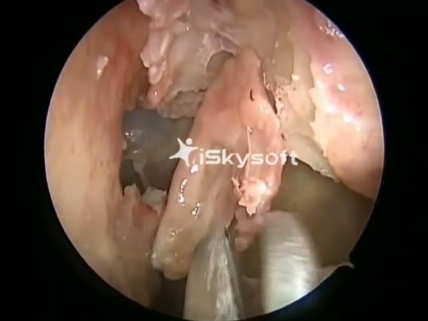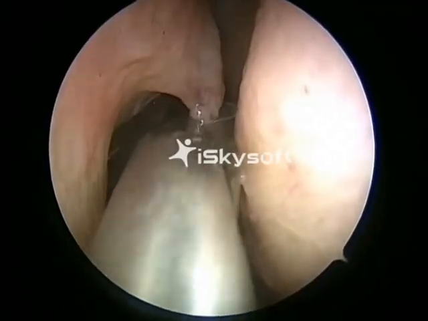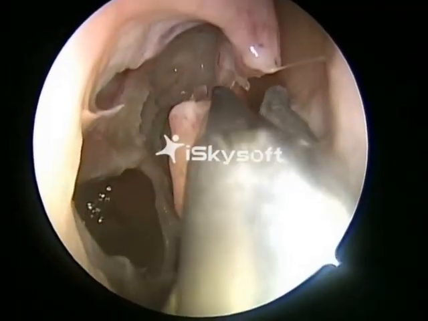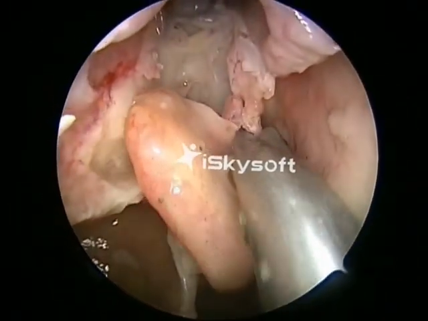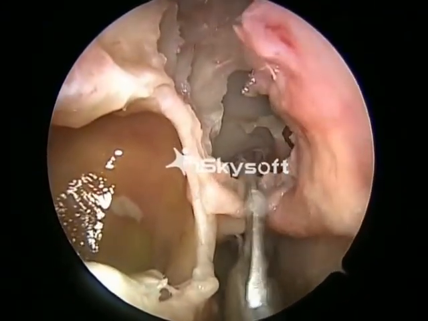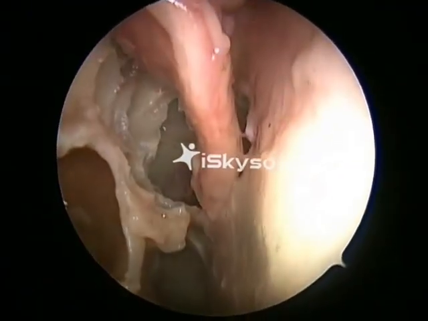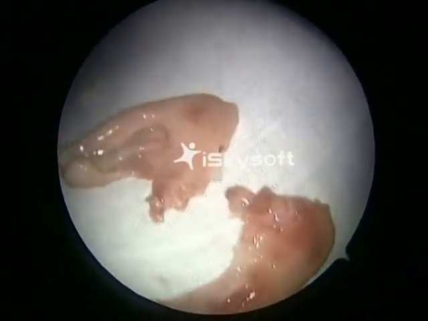We have resected the middle turbinate on the left side now. And the middle turbinate on the right side is also being resected. That's the middle turbinate on both sides, which have been resected.